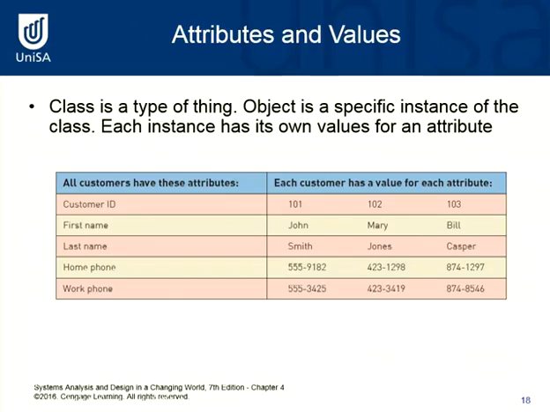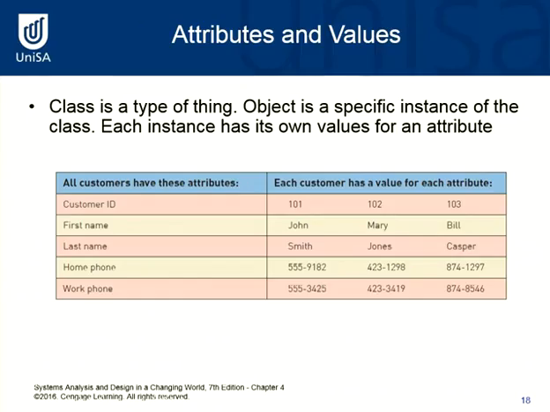So again, here are some examples of a class or a type of thing. An object is a specific instance of that class. So all these customers have attributes: a customer ID, family name, last name, and 2 different phone numbers, and they all have specific attributes for those names.